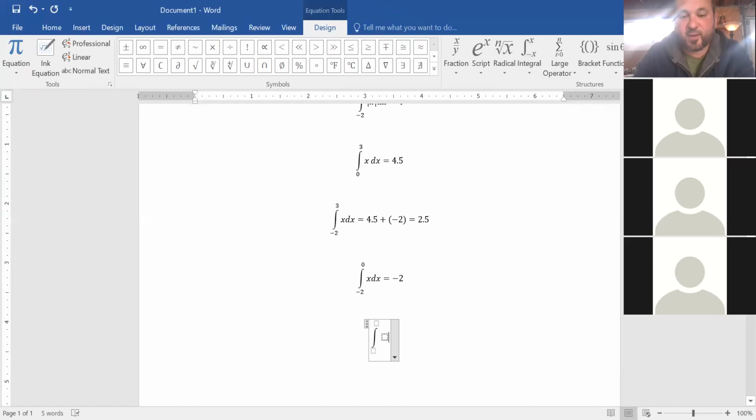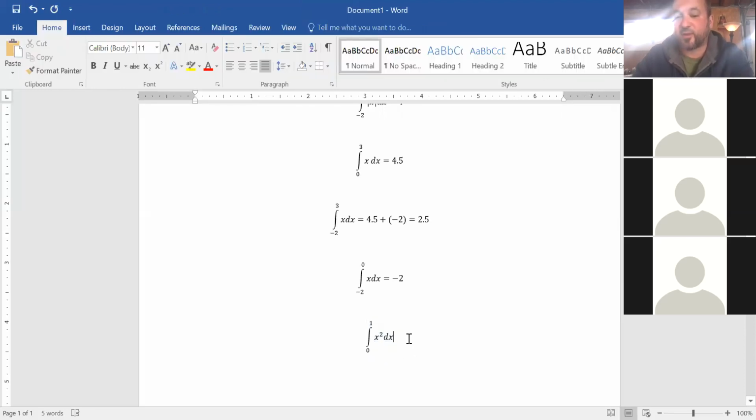What if we want to calculate the integral from 0 to 1 of x squared dx? Now with this new notation, this is saying, given this function x squared, what is the area underneath the interval from 0 to 1?